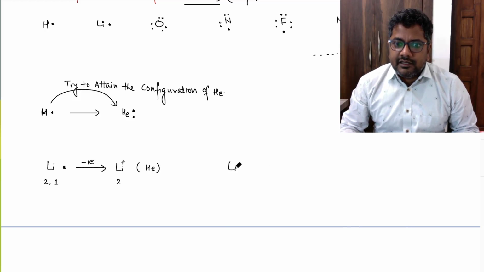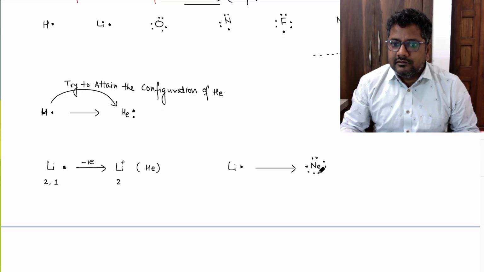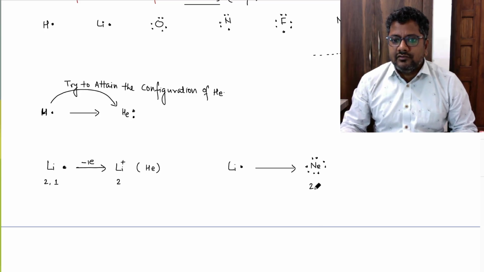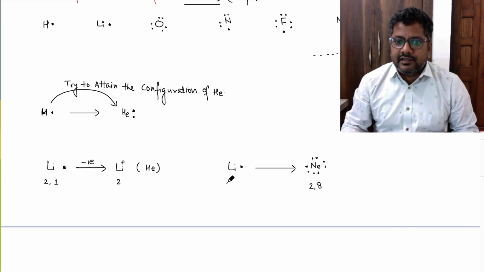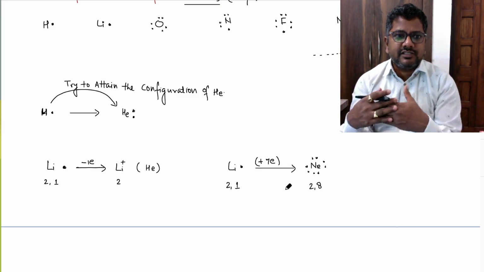But if lithium wants to complete the configuration of neon, in which 8 electrons are there in the valence shell, 2 and 8, and it has 2 and 1, so it has to accept 7 electrons.